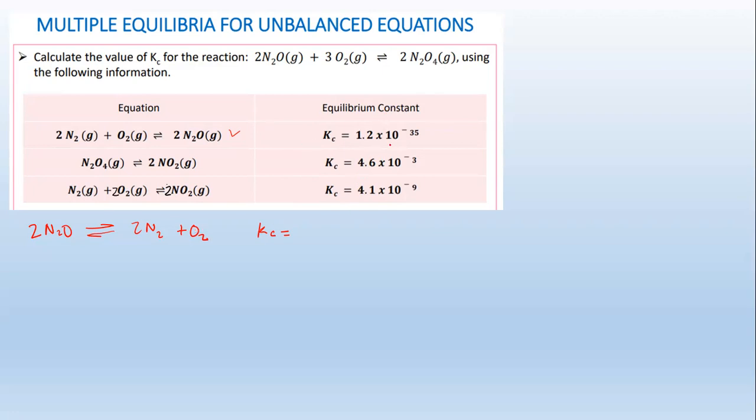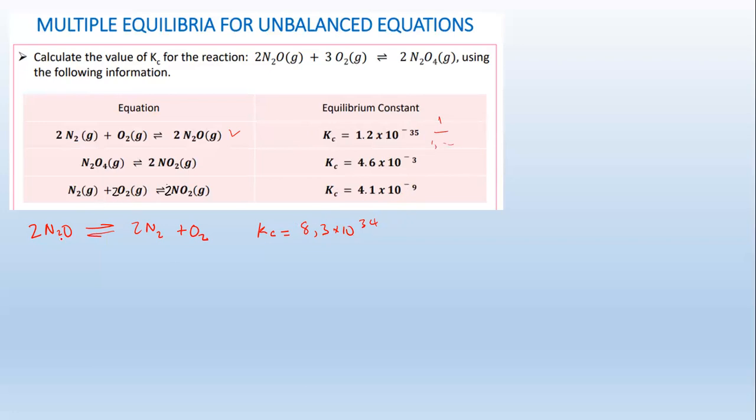It's going to be the reciprocal, so 1 over 1,2 times 10 to the power negative 35. When I punch this on my calculator, I get 8,3 times 10 to the power 34. This is the reciprocal, and you'll get this on your calculator.